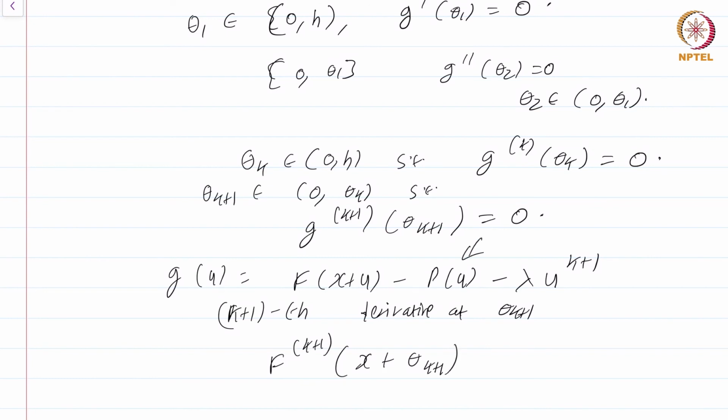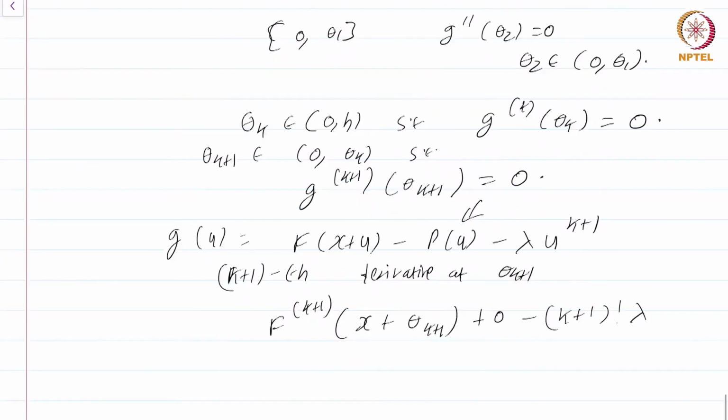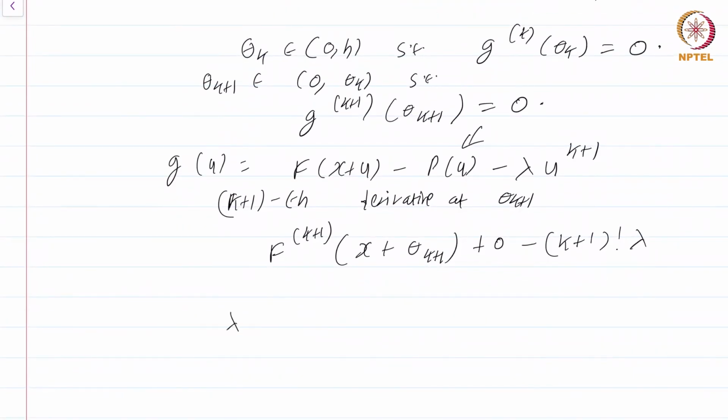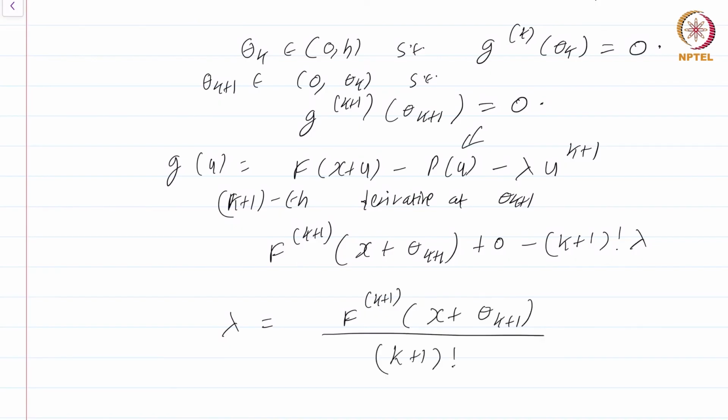This polynomial is a polynomial of degree k, so that vanishes, and this will just give us minus k plus 1 factorial times lambda. In other words, lambda is just going to be f to the k plus 1 of x plus theta k plus 1 divided by k plus 1 factorial.